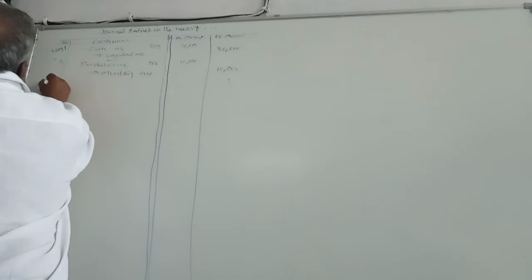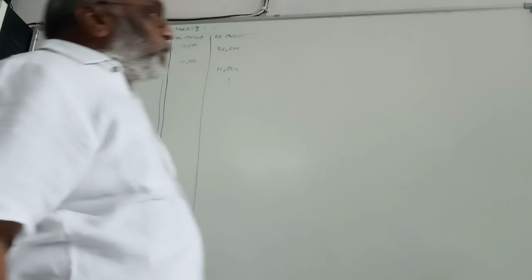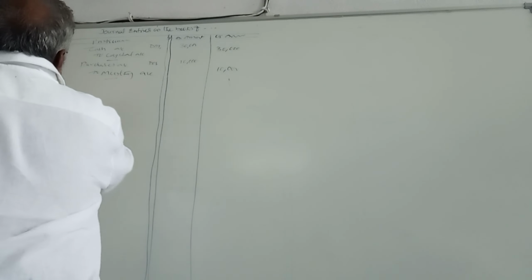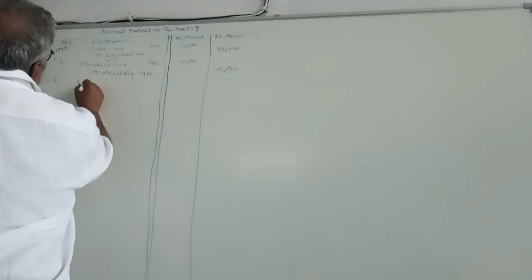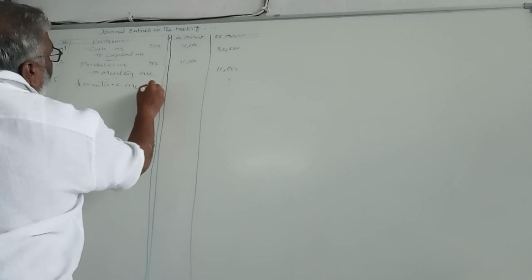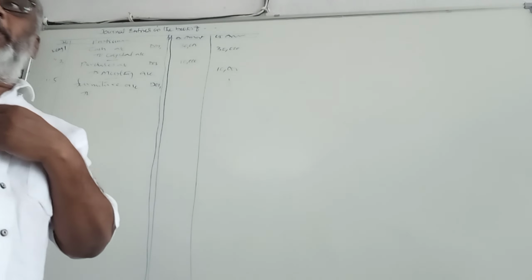Next, fifth. Purchased furniture from Kirti. We purchased an asset, that is furniture. Debit what comes in, that is why furniture account is to be debited. Next, what is credit?